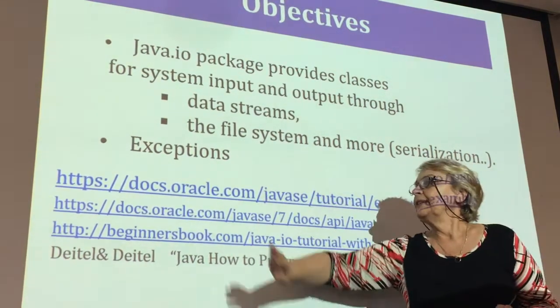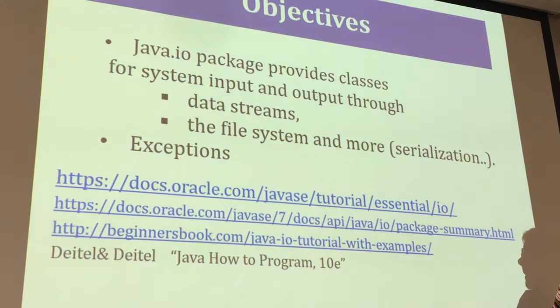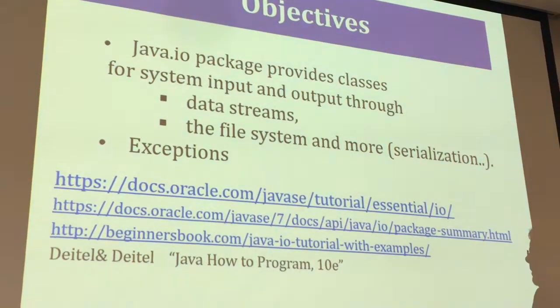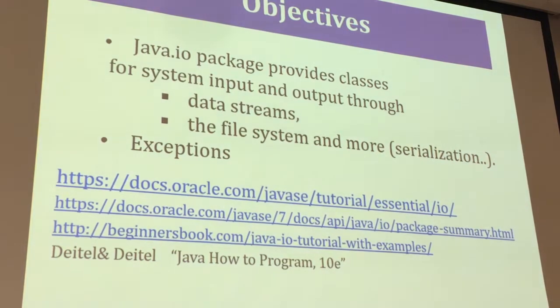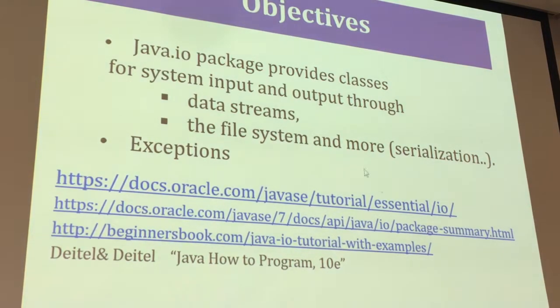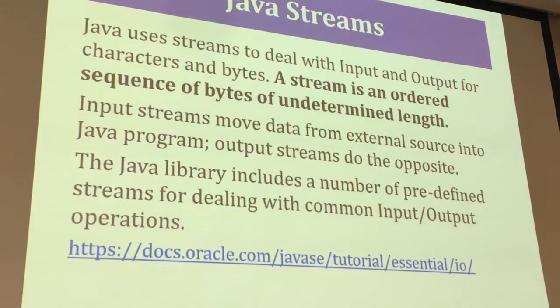And we will briefly touch on exceptions. These are good places to try to clarify issues if you need to use something and you don't have enough information from this lecture. As you know, a stream is an ordered sequence of bytes.